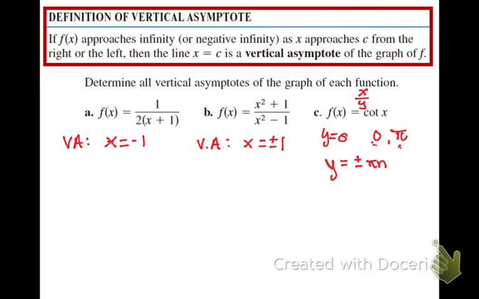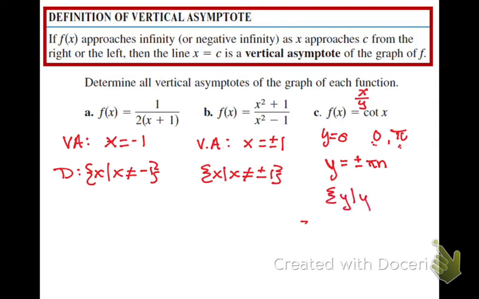Because the domain here would be x such that x cannot equal -1. Here, it would be x such that x cannot equal ±1. And here, it would be y such that y cannot equal ±πn.